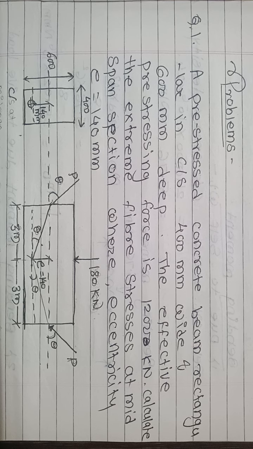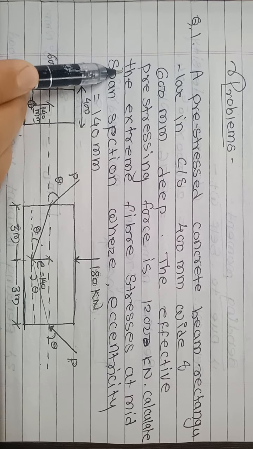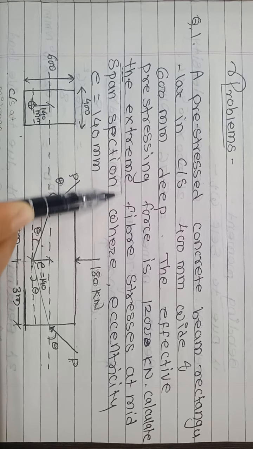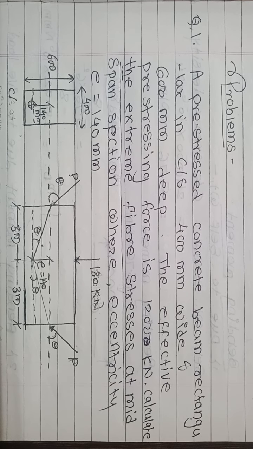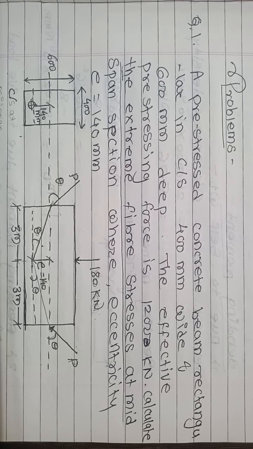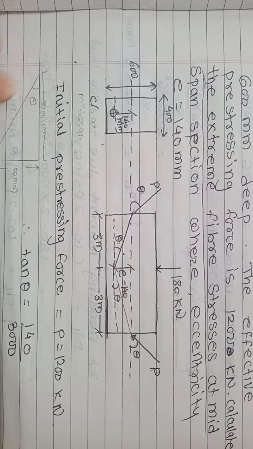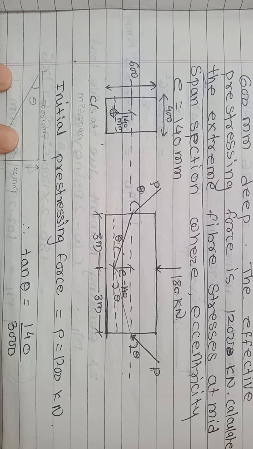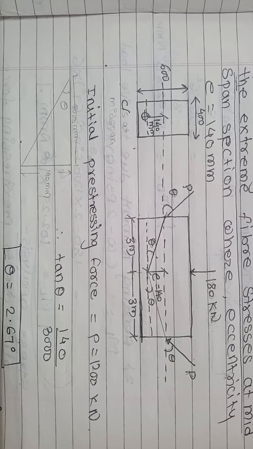E is also given, and we have to calculate the extreme fiber stresses at midspan. From this sentence, there is a bent up tendon problem, so put in all the formulas of bent up tendon and analyze this beam.